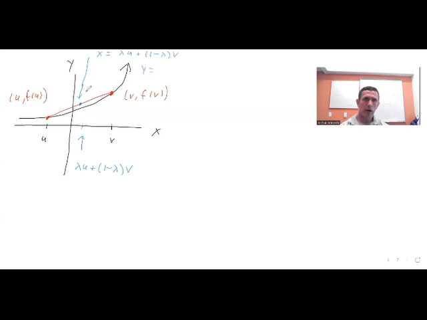And you can check that the y value of this point here is simply lambda f of u plus 1 minus lambda f of v. Okay. Basically, going back to Calc 3, this is the point on the line segment containing these 2 points in the xy plane, corresponding to this x value. Yeah, this red line here is the line segment containing these 2 points.